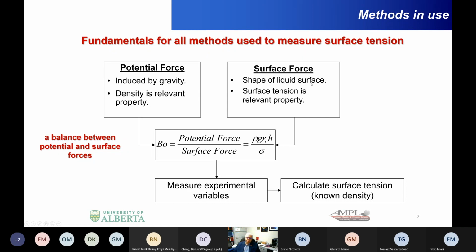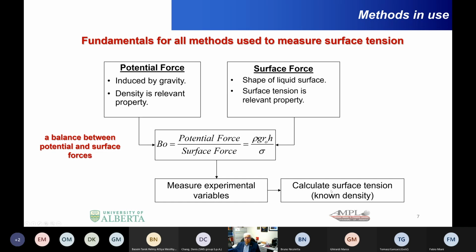And there we're looking at either the shape of the liquid or the shape of a bubble that is pushed into a liquid bath. And essentially, the balance between these 2 is often given by the bond number, which is the potential force relative to the surface tension force. And basically, then you measure some experimental variable that enables you to calculate the surface tension. And all these methods require us to know what the density of the material is.